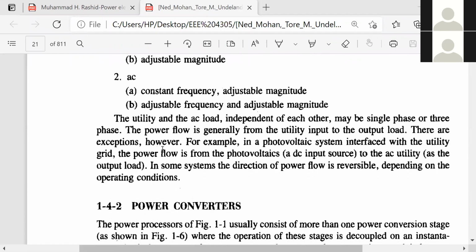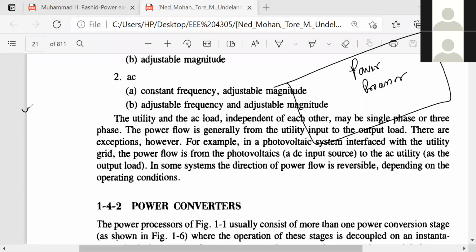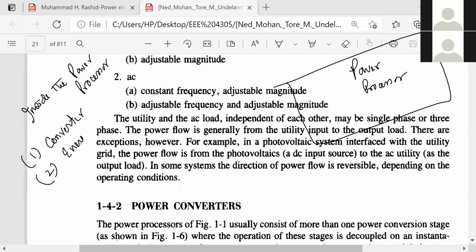So, inside the power processor, basically what we have is, first, the power converter, and number two, energy storage elements.